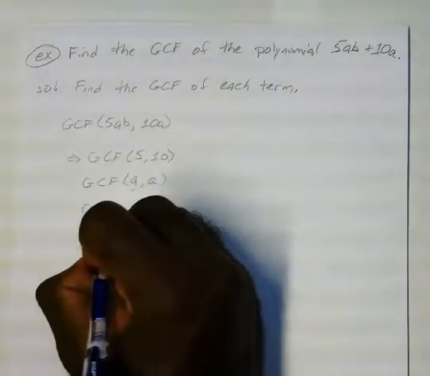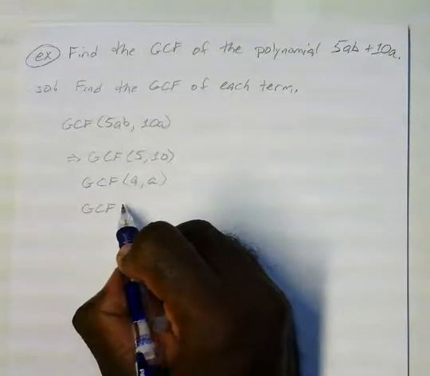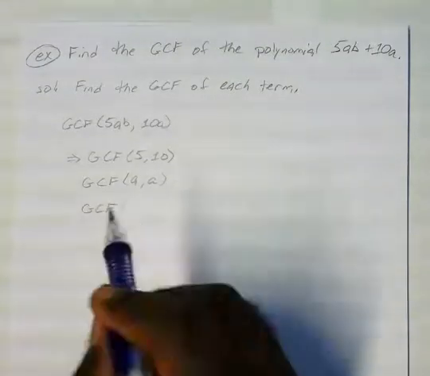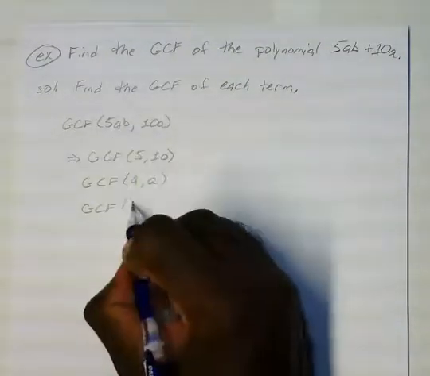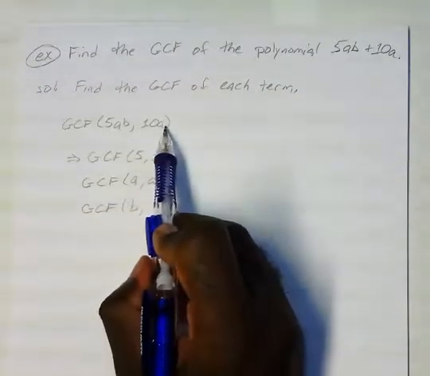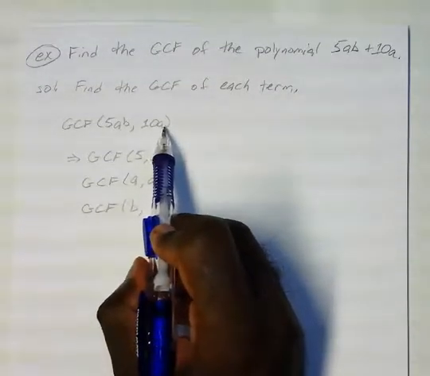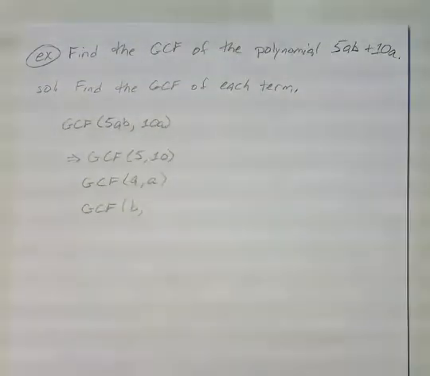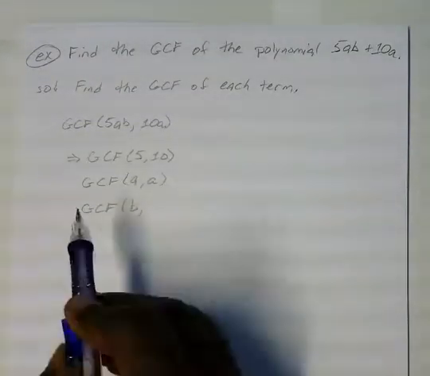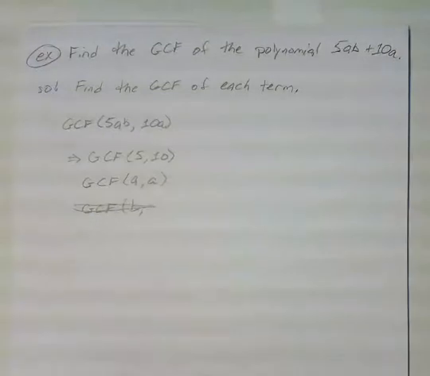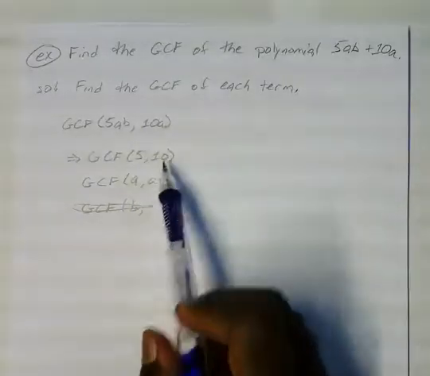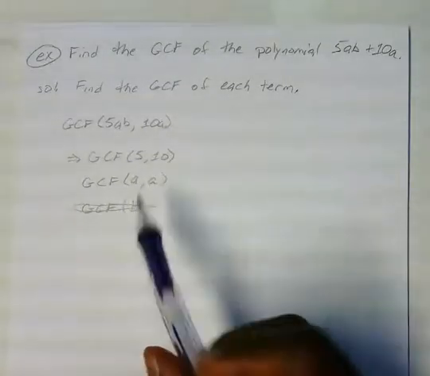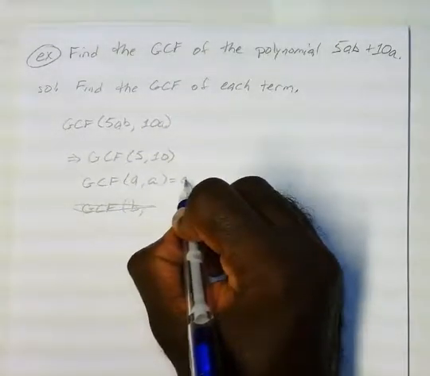Now the thing you want to make sure you're looking at, you have a b here, but you don't have a b variable there. So the only way you can have a greatest common factor is if you have a b variable in both terms. So there is no greatest common factor of the b variable. Okay, so really all we have to find is the greatest common factor of 5 and 10, and the greatest common factor of a and a, which we can do in 2 seconds because that's just a.